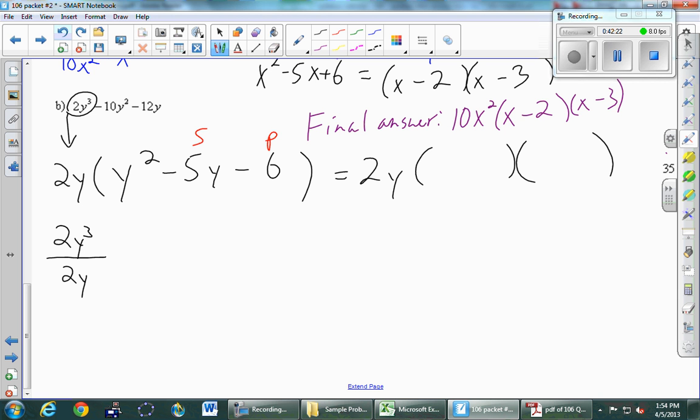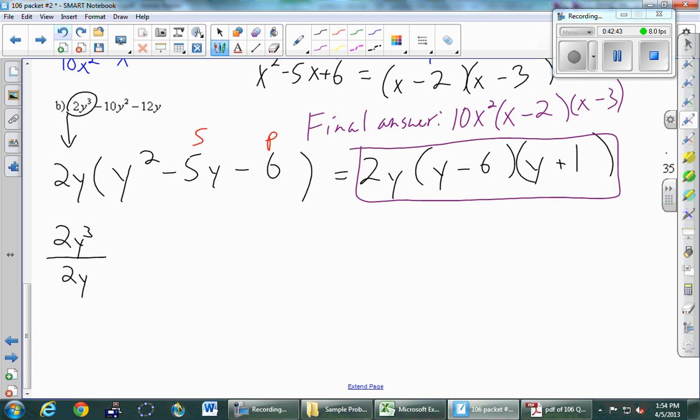It feels like 2s and 3s, but it's actually not in this case, so you have to be careful. What is this? y - 6 and y + 1? So that one there is factored completely. Okay, if we're ready, we move on to the next page.